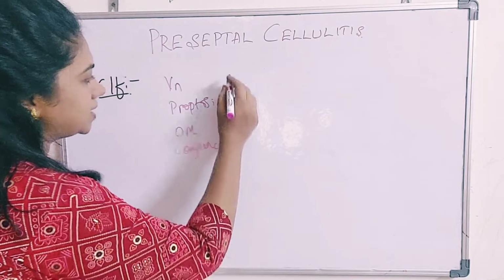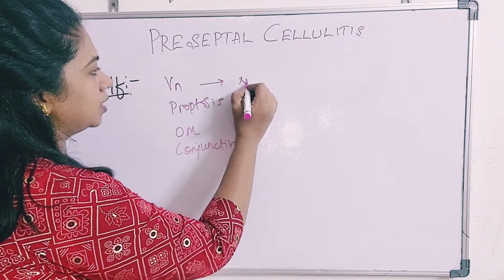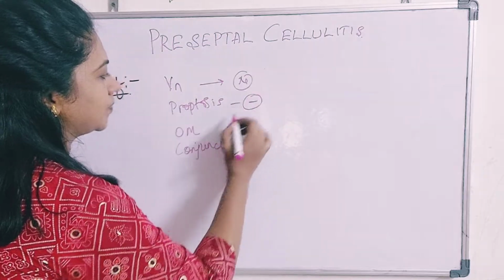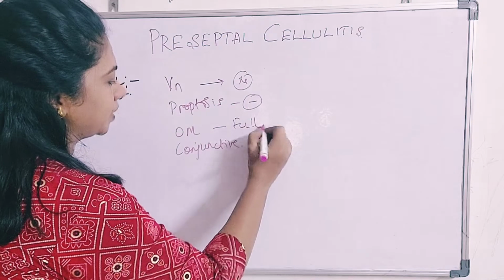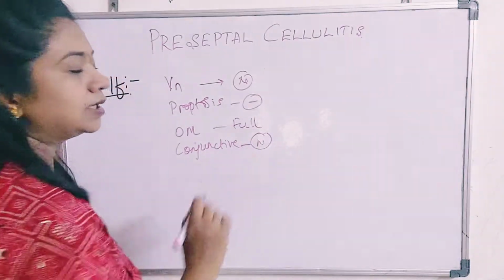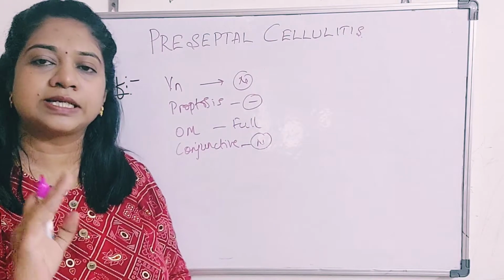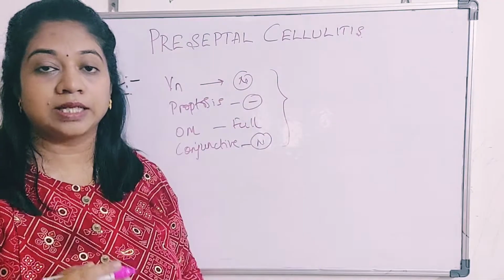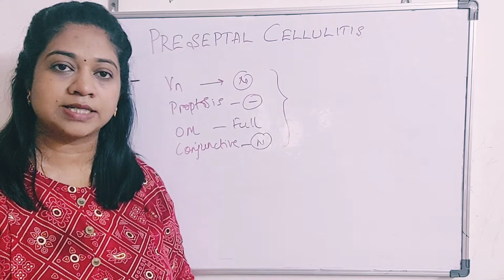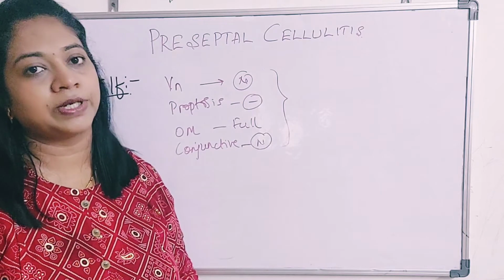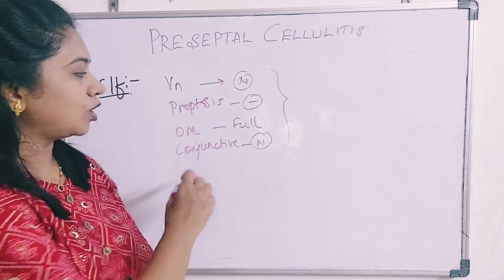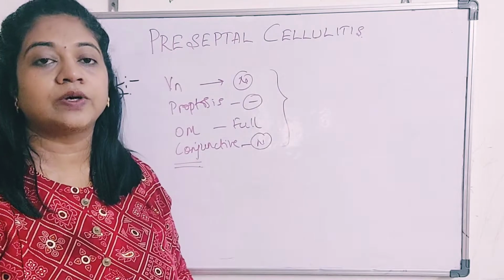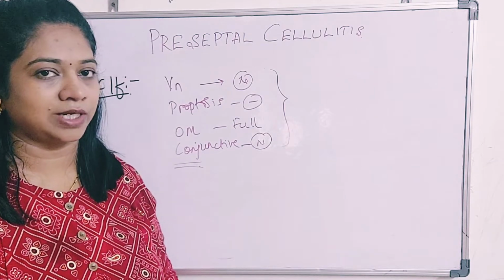So if all these are normal, like vision is normal, there is no proptosis, ocular movements are full, and conjunctiva is looking normal, then you are on the safer side. The patient is having only preseptal cellulitis. If these symptoms start presenting, then the patient may be going into the orbital cellulitis, which is a little dangerous compared to your preseptal cellulitis. So always look for these symptoms when you are examining a patient of preseptal cellulitis.